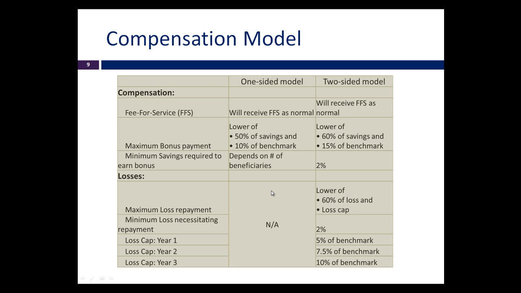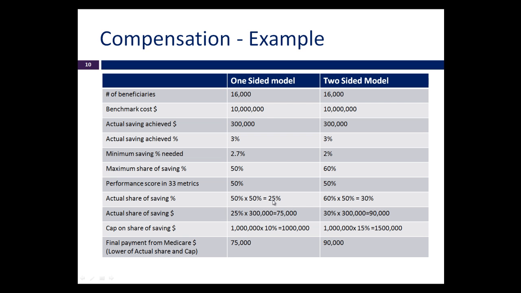how is the share of savings or losses determined, and what kind of numbers and percentages are we looking at? Well, the calculations are a little tricky, so what I'm going to do is to run you through a practical example and explain each of the elements as we go along to make it as simple as we possibly can. The first thing that we have to understand is that the final rule provides for two tracks of the MSSP.